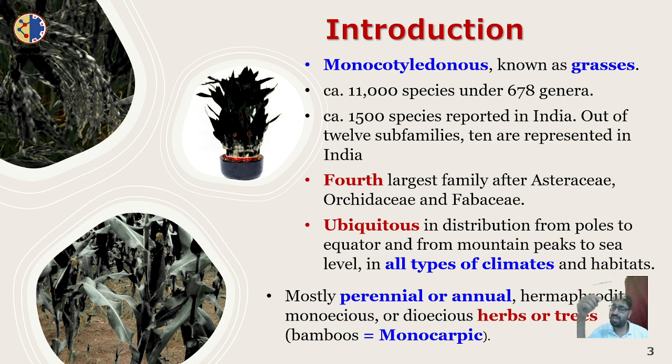So this family is very important. It is the fourth largest family in species number, though economically it is one of the largest. After Asteraceae, Orchidaceae and Fabaceae, it is the fourth largest family of flowering plants. Asteraceae and Fabaceae are dicot families, but Orchidaceae is again a monocot family. So in monocots, Orchidaceae is the largest family, and the second largest family is Poaceae.